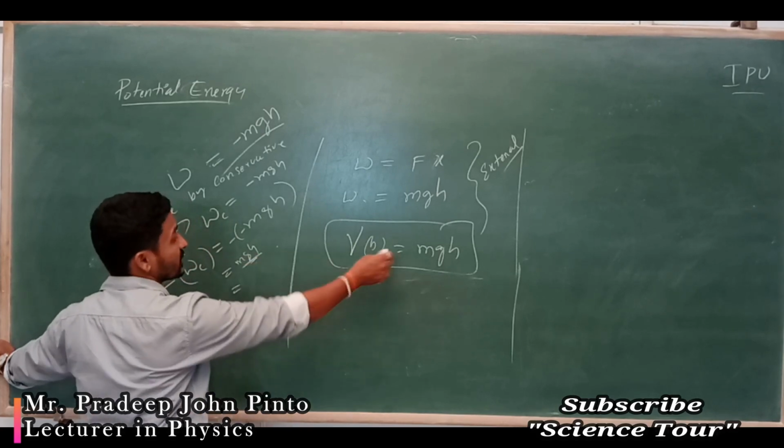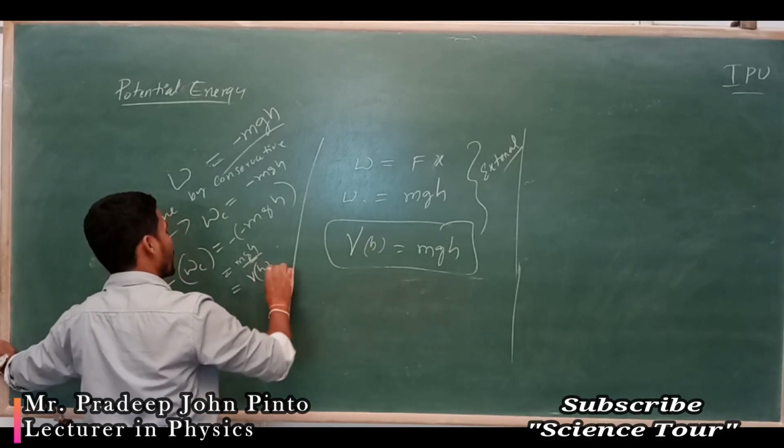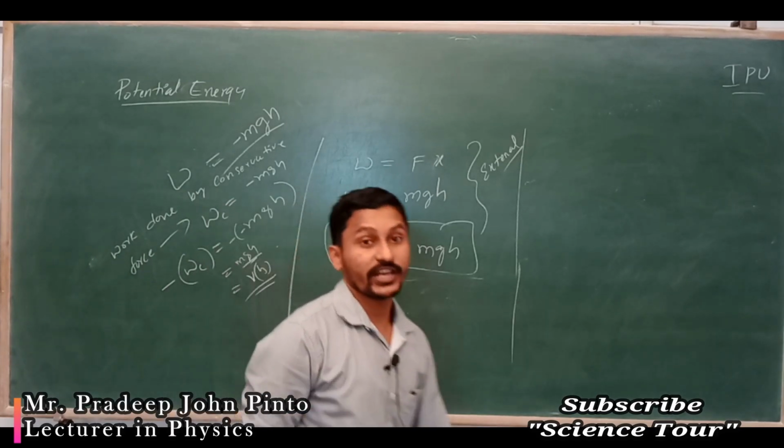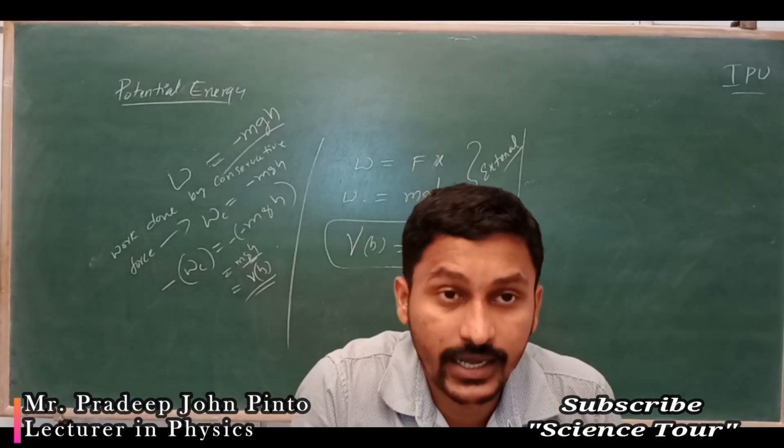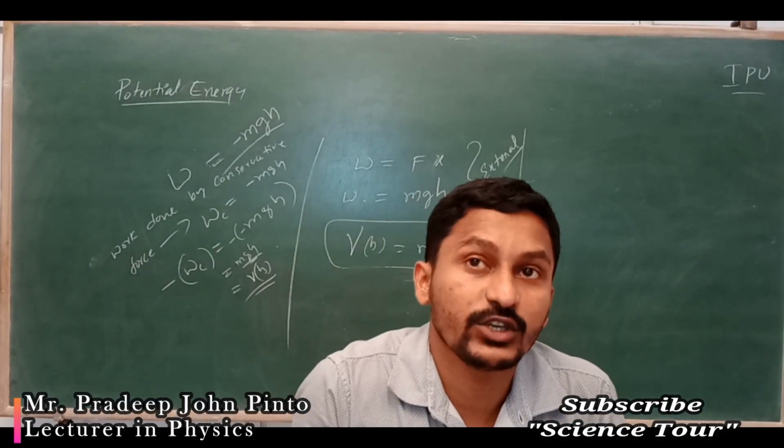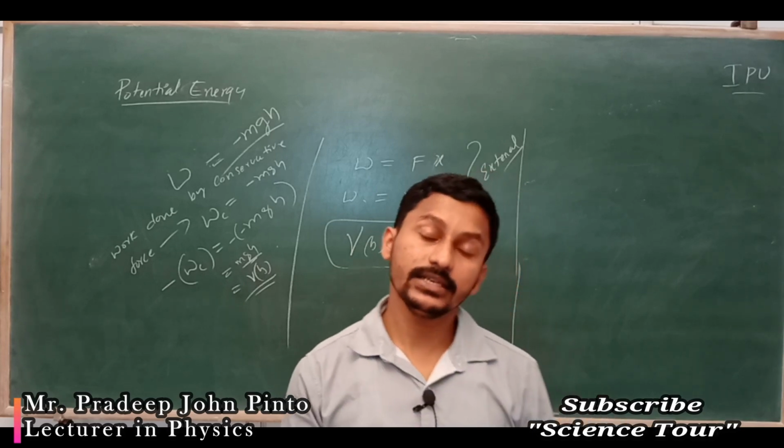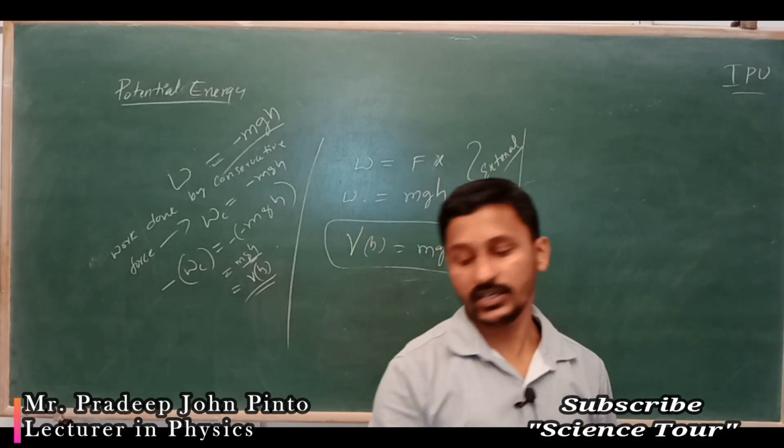The work done by the conservative force is minus mgh. Now the negative of the work done by the conservative force is mgh, isn't it? Then what can I say? The negative of the work done by the conservative force, which is mgh, is the potential energy.